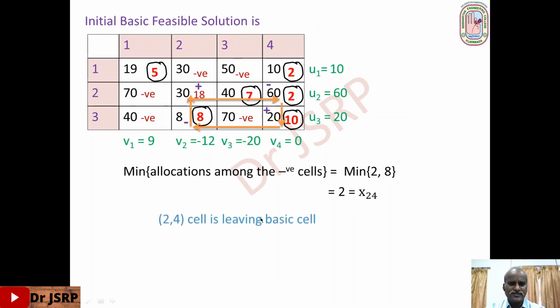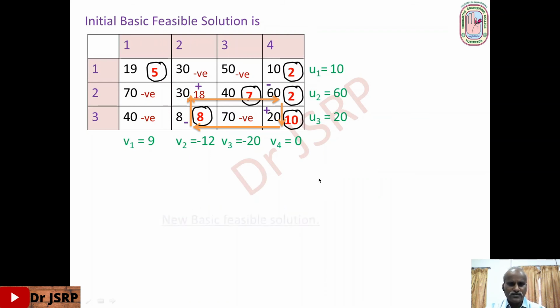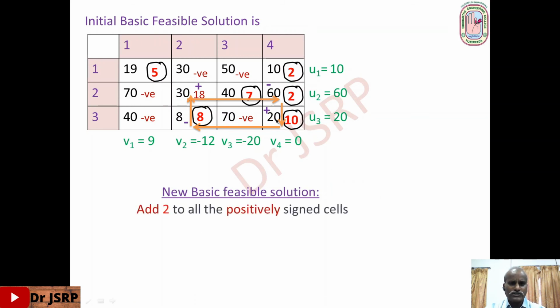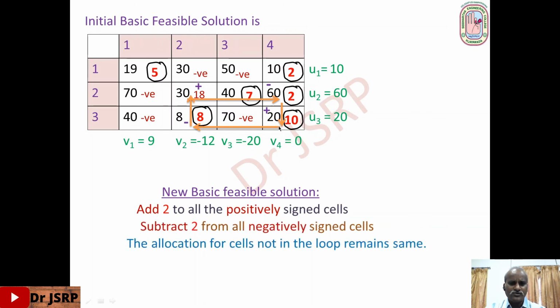So 2,4 is the leaving basic cell. How do you find the next new solution? Add 2 to positively signed cells, subtract 2 from negatively signed cells, and the cells not in the loop remain the same. So this is the process to find a new basic feasible solution.